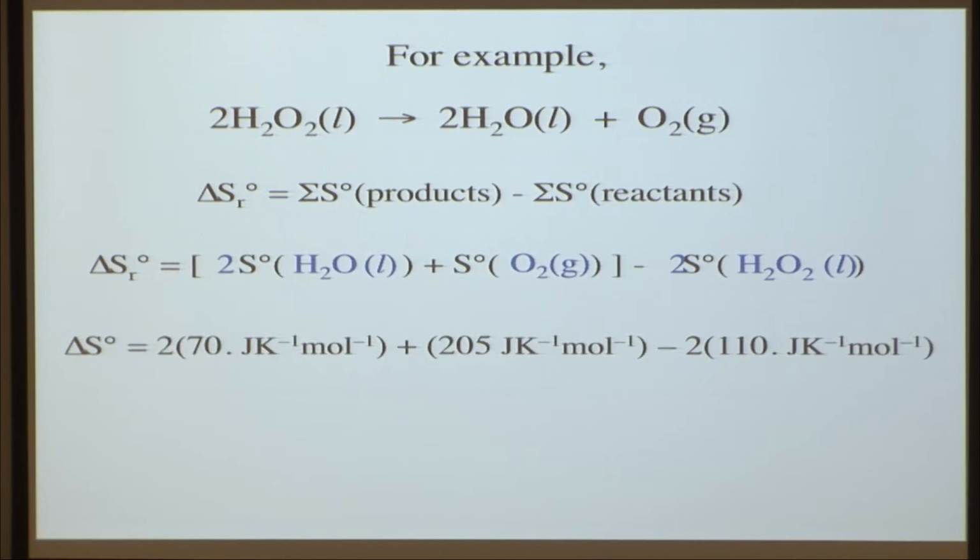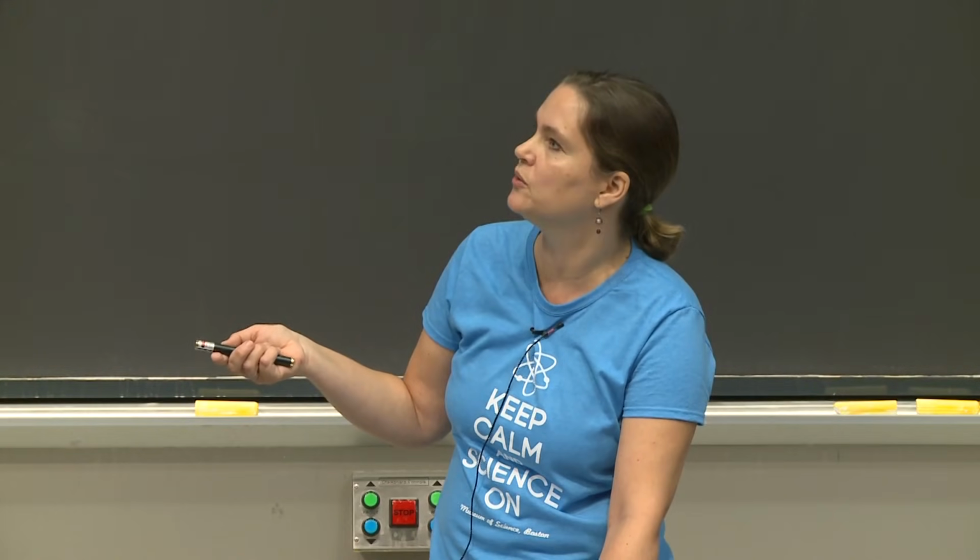Now we can calculate delta S naught, and it's a value of 125 joules per Kelvin per mole. Again, products, water and gas, minus reactants. Pay attention to the stoichiometry, and you can get your delta S value.